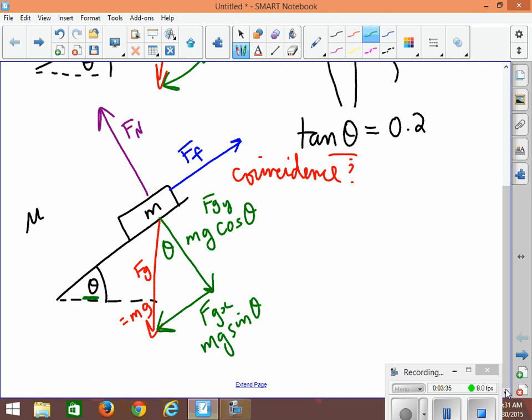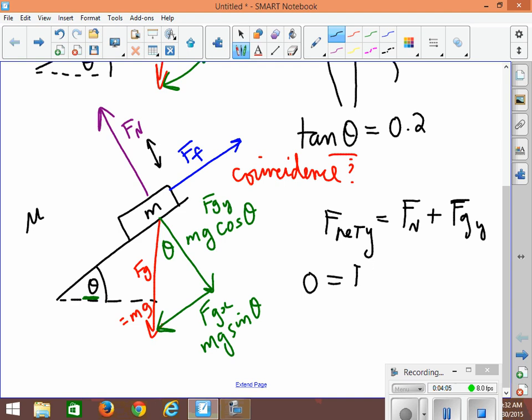Maybe I can do the F net y equation right over here. F net y still equals the normal force and the component of gravity, Fg, in the y direction. We said that the net force is going to equal 0 in this direction because there is no acceleration upwards or downwards of the block along the y-axis, no up and down motion.